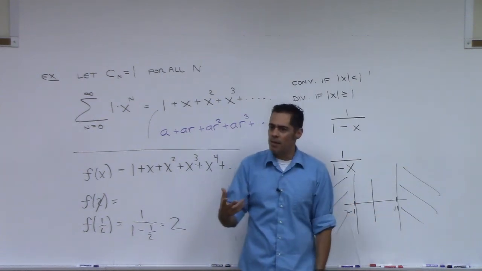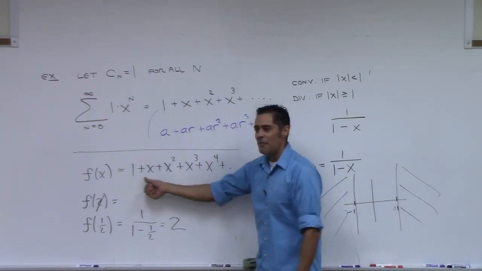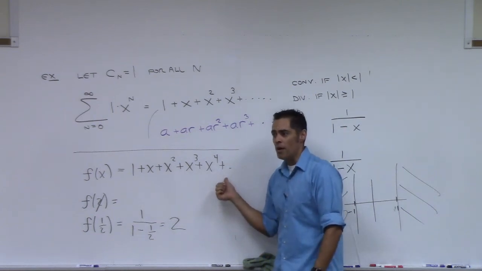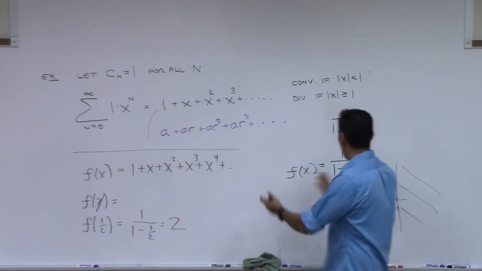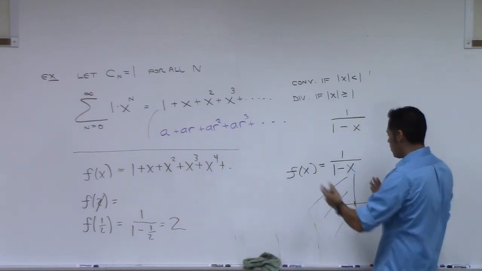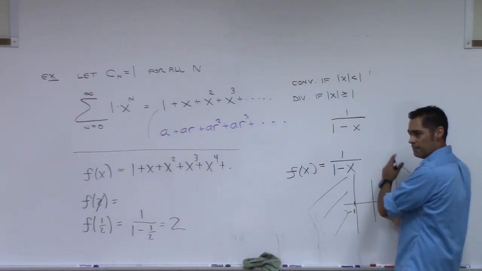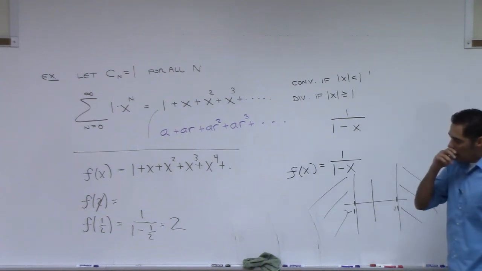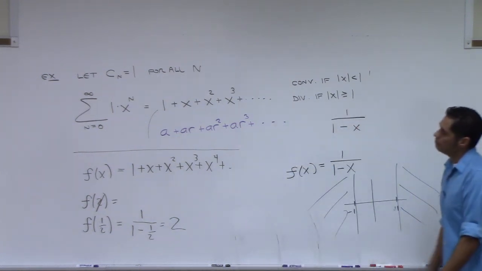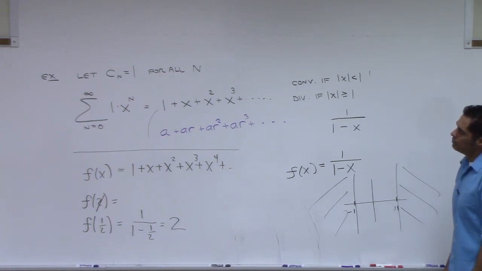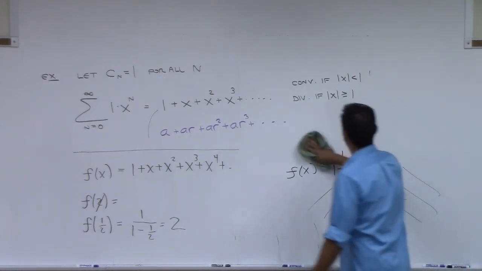Now, the problem is if you go on your calculator and try and graph this, you got to stop somewhere. So I challenge you, take it out to maybe the 10th power, graph these two things next to each other, and I bet you won't see the difference between the two. Okay. So, this is interesting, I think.